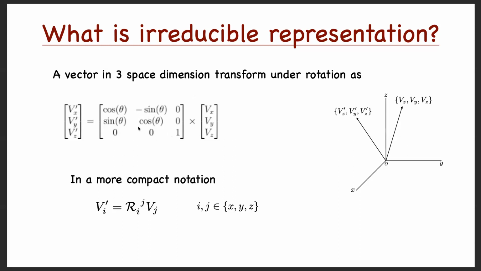You can represent this in matrix form, or in the more compact notation R times v, where R is the rotation matrix. Now, we say these vectors form a representation of the rotation group, because the rotation group acts on the vector and can convert one vector to another.